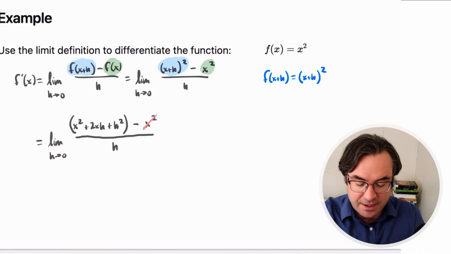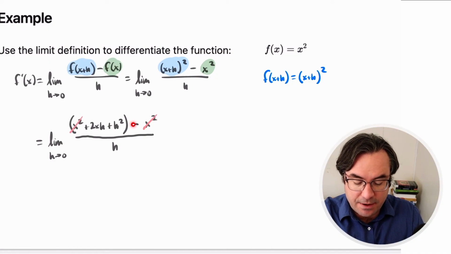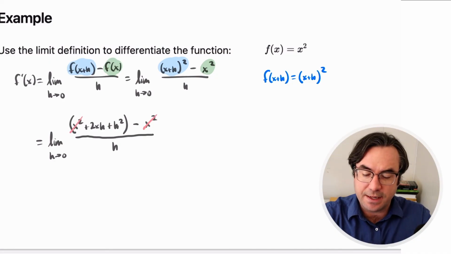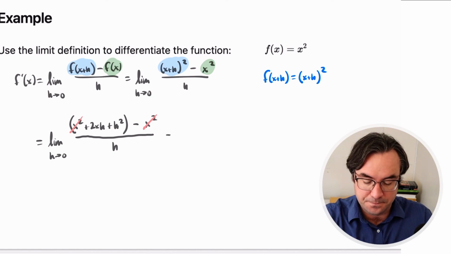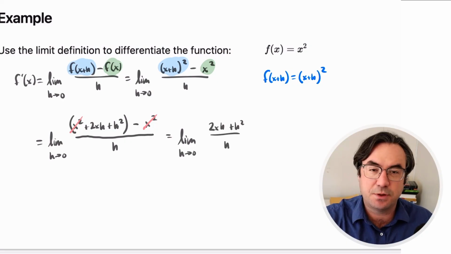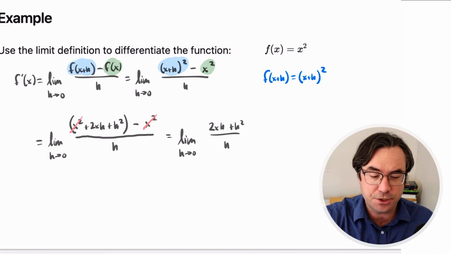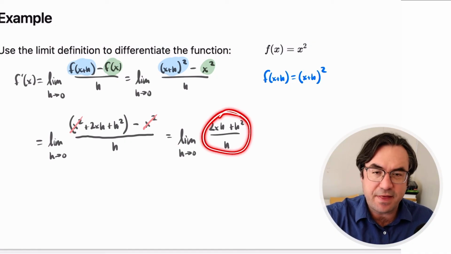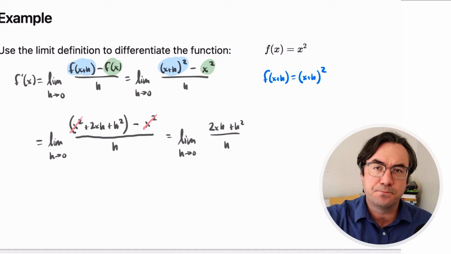And we see that we have an x squared and then an x squared, and we're subtracting in the middle. So those do cancel. So then our difference quotient simplifies to just 2xh plus h squared all over h. And again, we still have that 0 over 0 form.